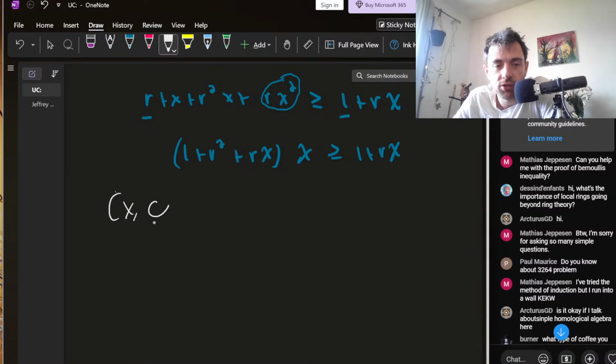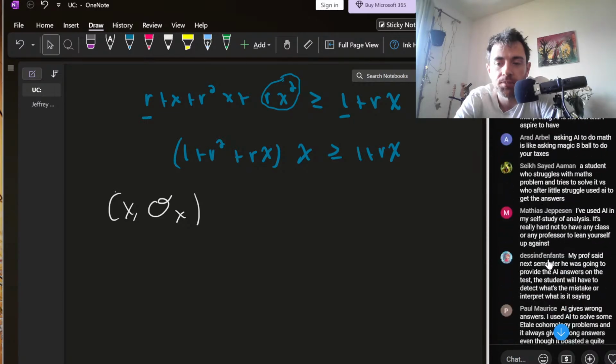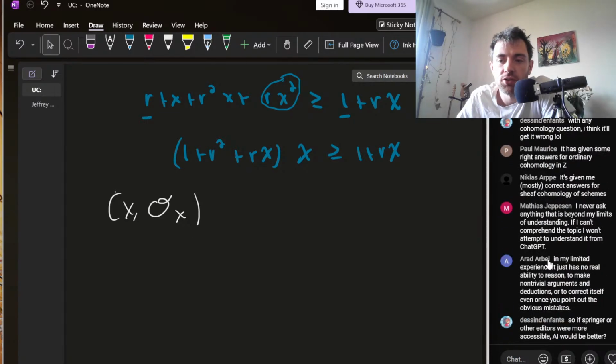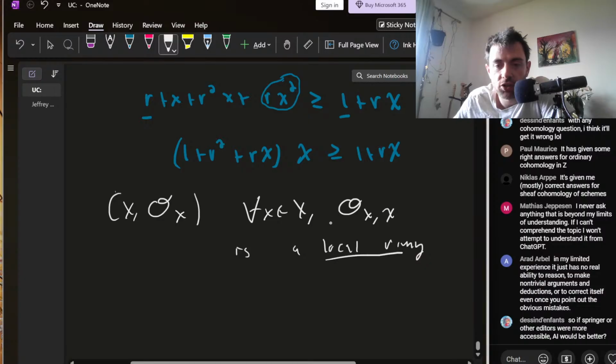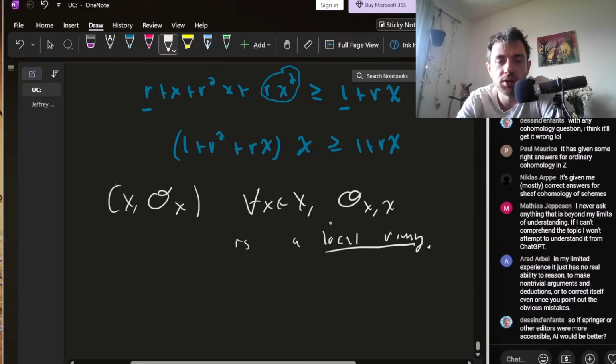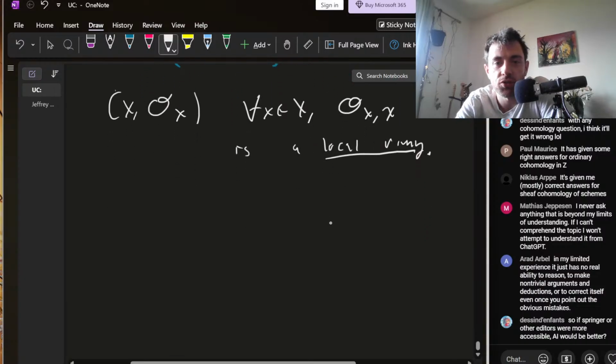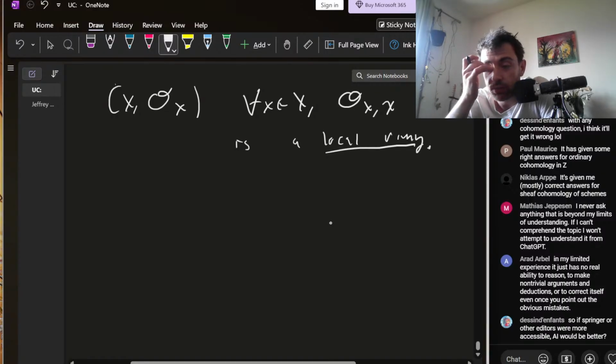Say, for instance, your structure sheaf, the stalk of this is a local ring. In fact, this is another case where I think at first it's like, well, this is basically by definition. You define these things to be local rings.